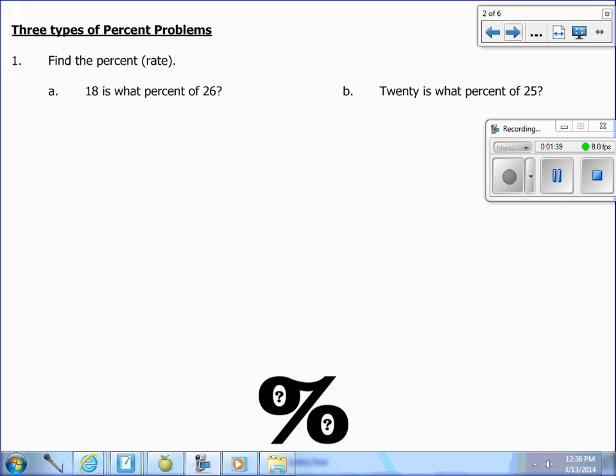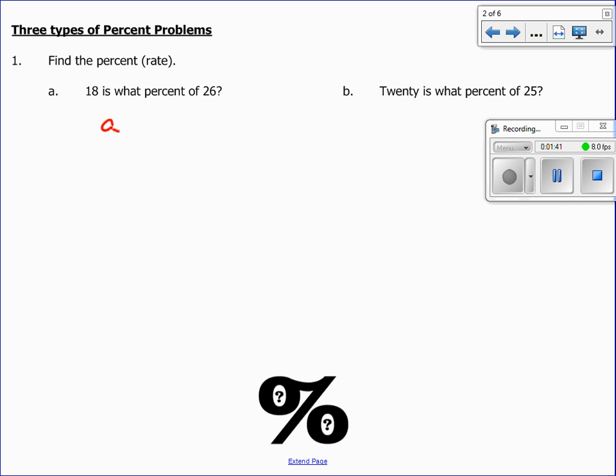As we said earlier, we have A over B equal to the rate or percentage over 100. We're asked to find the percent or the rate. 18 is what percent of 26?